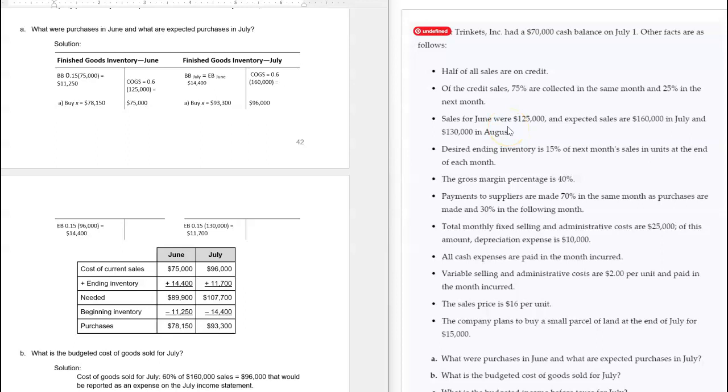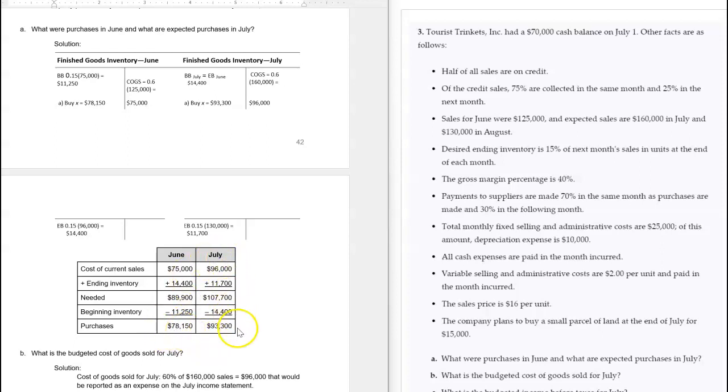Our ending inventory in the month of June was 14.4. That gives us 89,900 that we need. Beginning inventory was 11,250, and purchases then would have been 78,150.